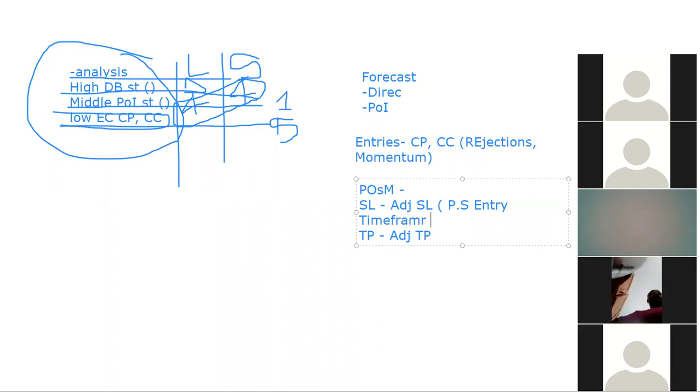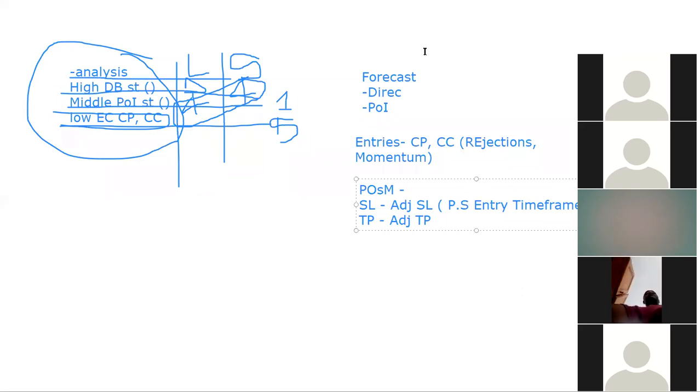Done. And this is you defining how you set your stop loss. I protect my stop loss by setting it above structure on my entry time frame.